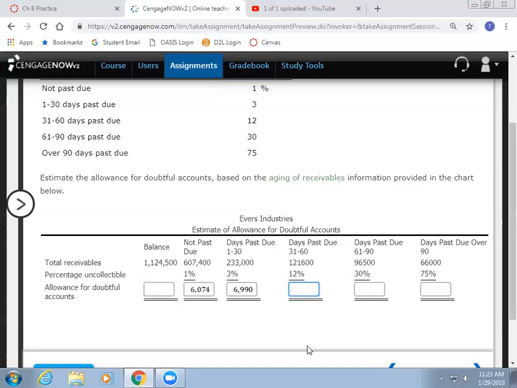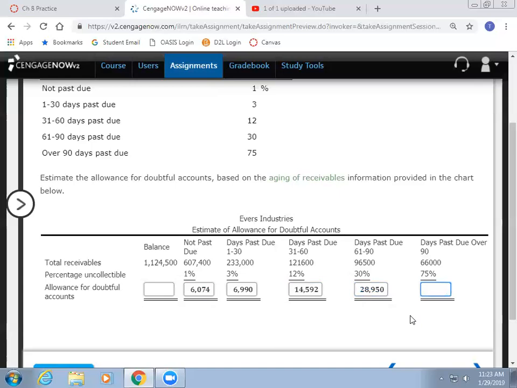Anybody have that calculated? 14,592. Very good. How about 30% of 96,500? $28,950. Very good.